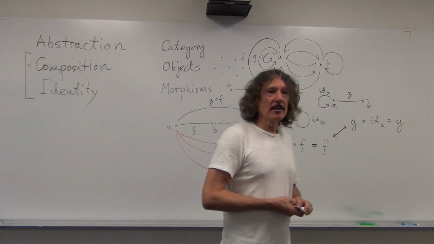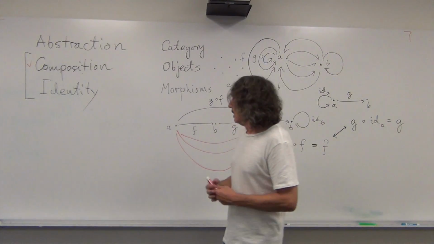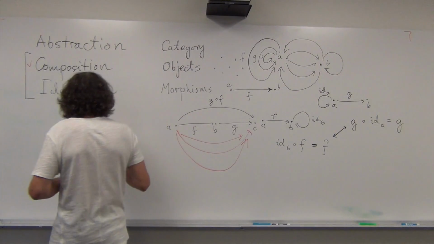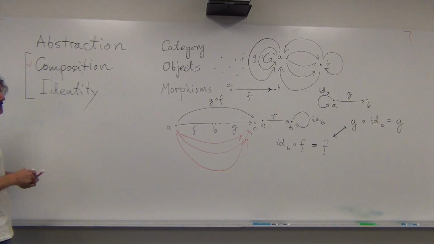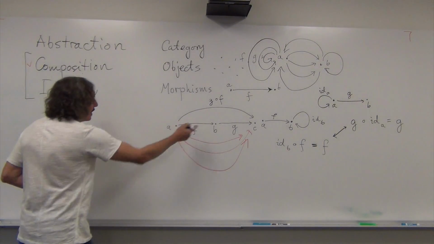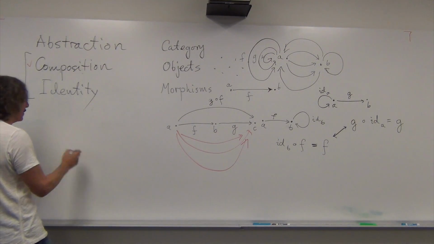And there is the third law, and that's associativity. So if you have three objects, let's have three arrows.